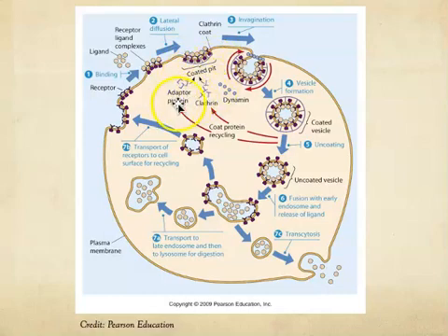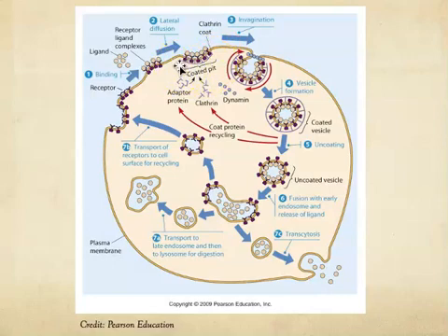Now, the artist has drawn in a few different types of coat protein here. You'll notice one is called adapter protein, one is called clathrin, one is called dynamin. Don't worry about those names. Just know that more and more coat proteins are going to arrive and are going to bind on the inside of the membrane, the inner monolayer.